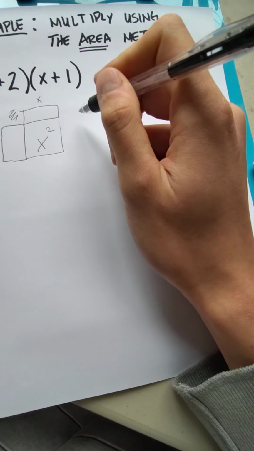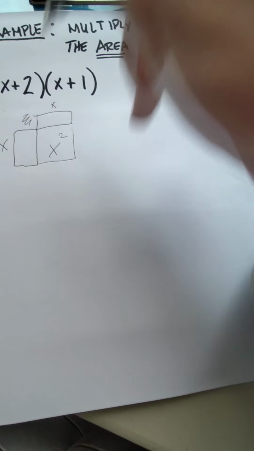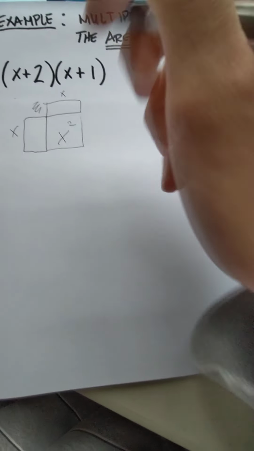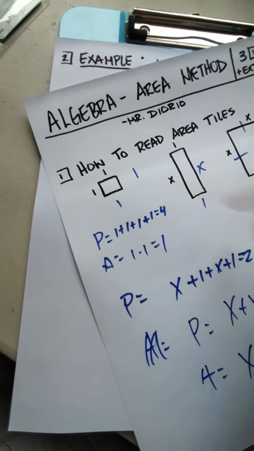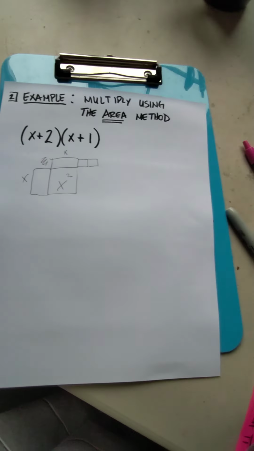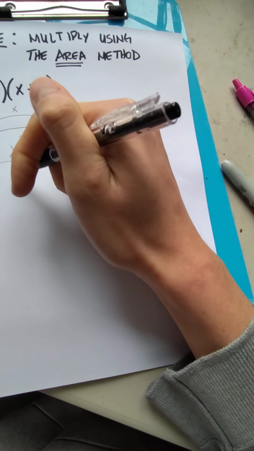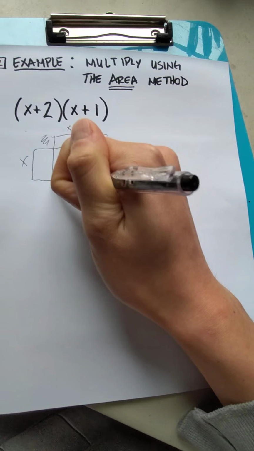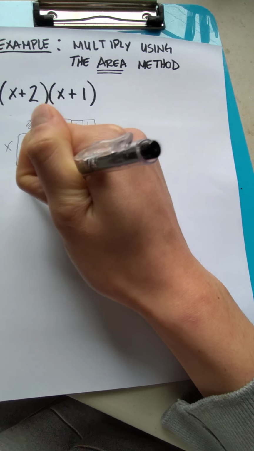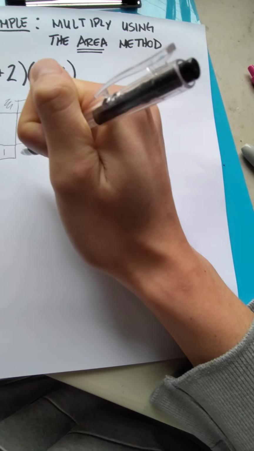Since I want to do x plus 2 on this top side, I'm going to put two small tile squares, which is basically this one, two of those. So it's going to be 1 and 1. And for this one, I'm just going to put one tile square, so it's 1.